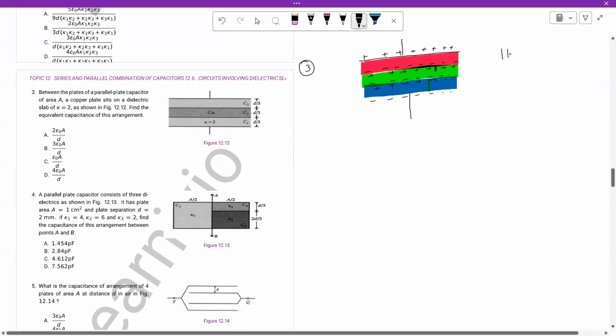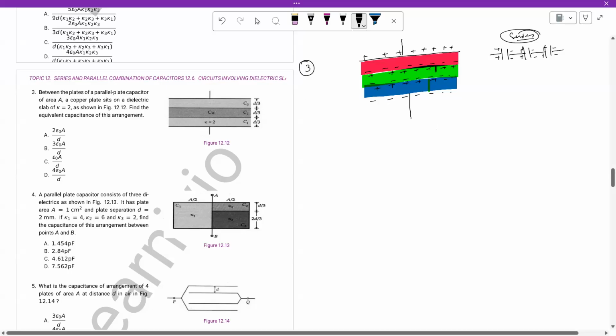So plus, minus, plus, minus, plus, minus. So series, right? Yes, sir.